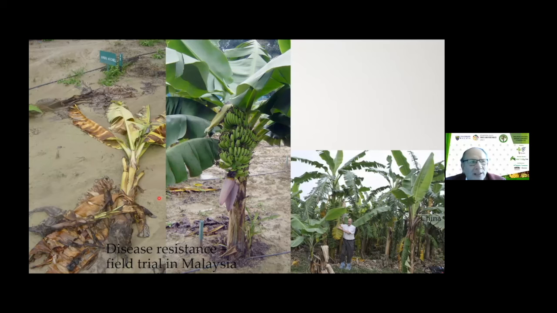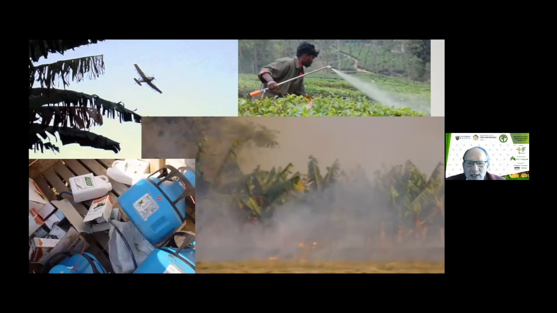Of course, about 30% of the production cost of banana is in the agrochemicals and the crop protection costs, whether that's all these different things that are sprayed to control diseases. And here we can see plants affected by banana bunchy top virus being rogued and burnt very sensibly by the farmers in this village that carefully rogue every plant that's infected.